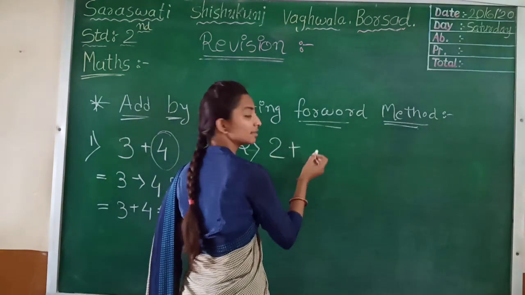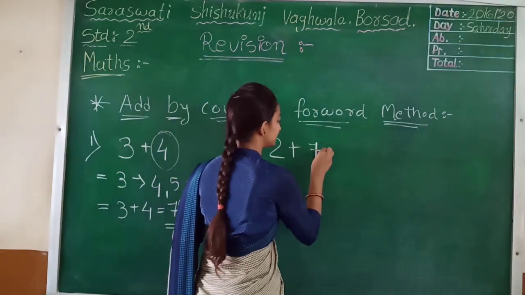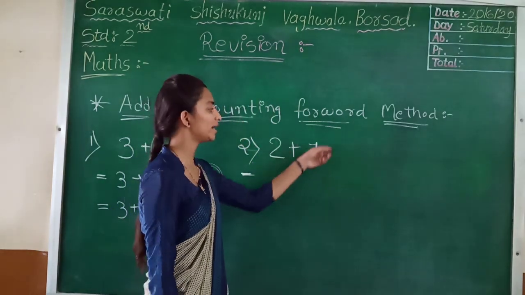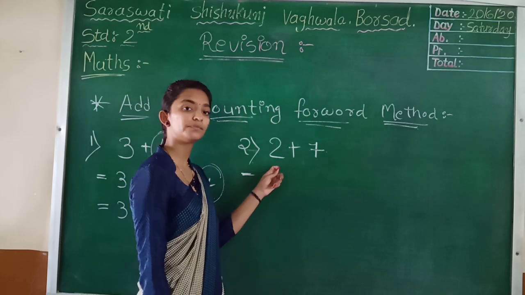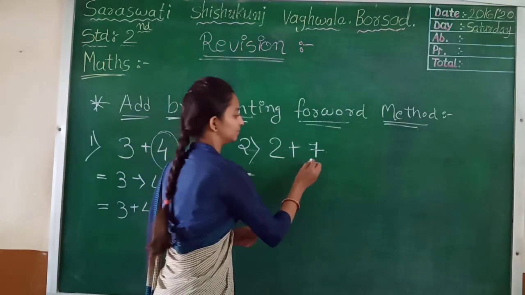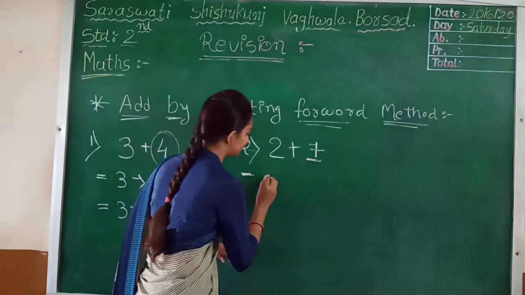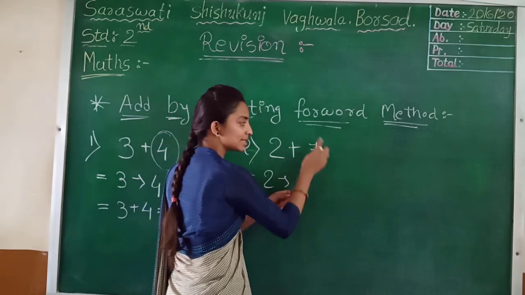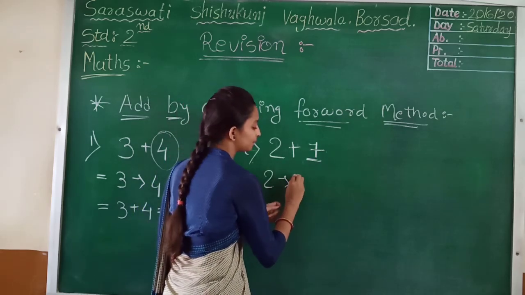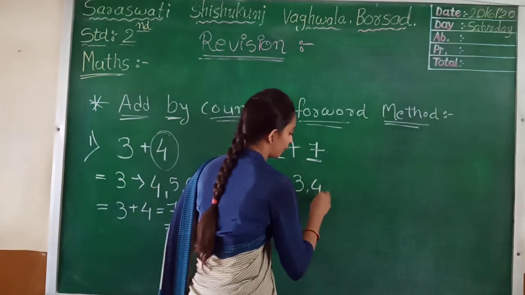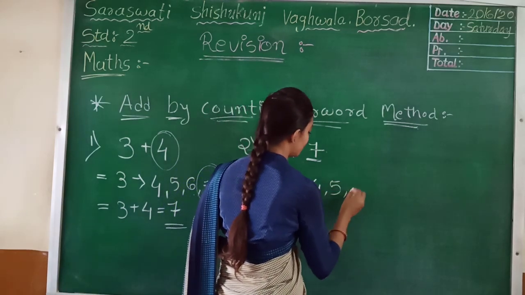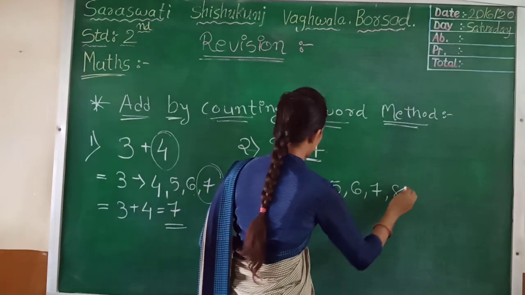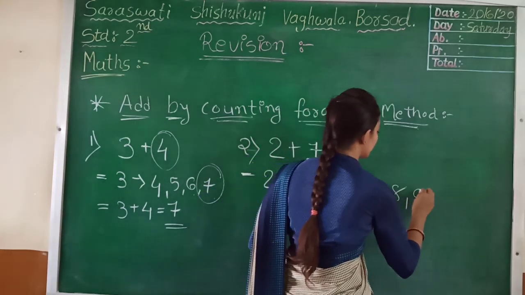2 plus 7. So now students, tell me, how many numbers do we have to add into 2? 7. So let's add. Let's start. Add 7 numbers. After 2 comes 3, 4, 5, 6, 7, 8, 9.